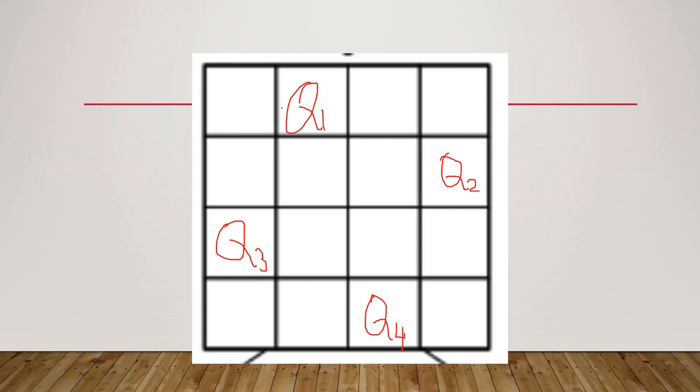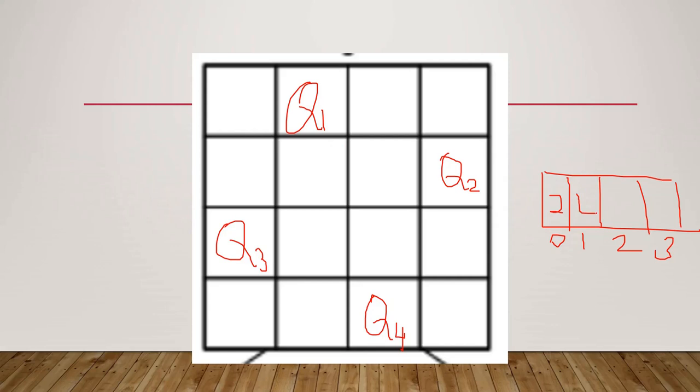It is one of the solutions which satisfies all three conditions. That is, none of the queens are in the same row, none of them are in the same column, and they are also not diagonally placed. So let us draw an array and name it. The indexes are the rows, and the elements placed inside the array are the numbers of the columns in which Q1, Q2, Q3, and Q4 are placed.